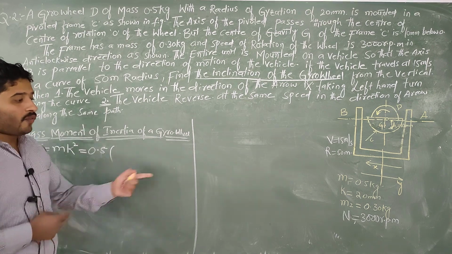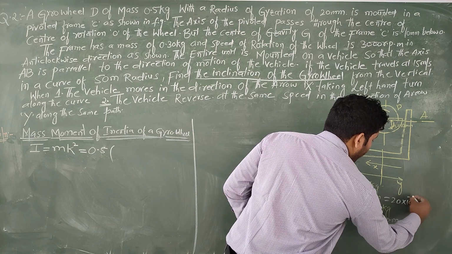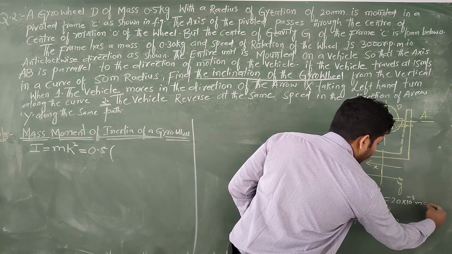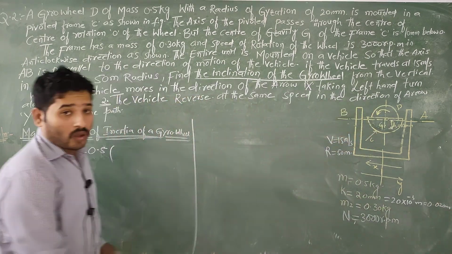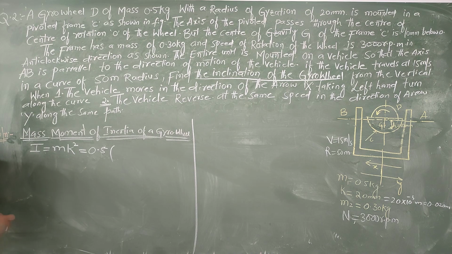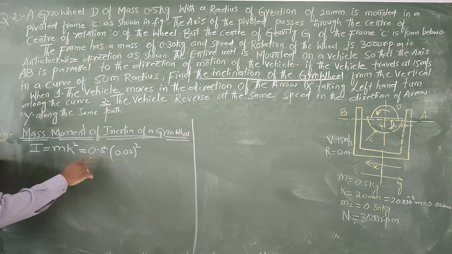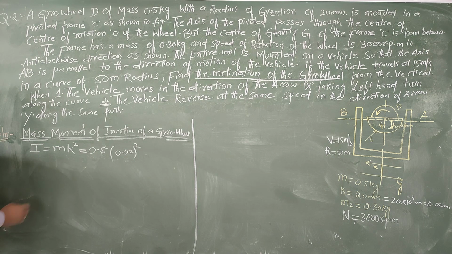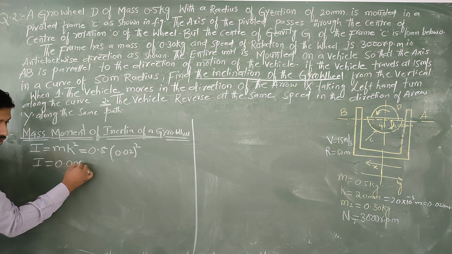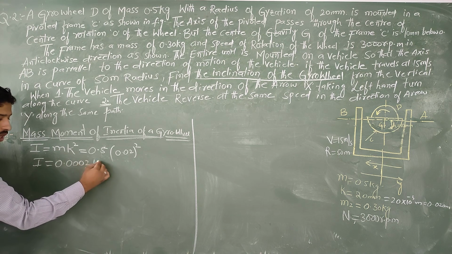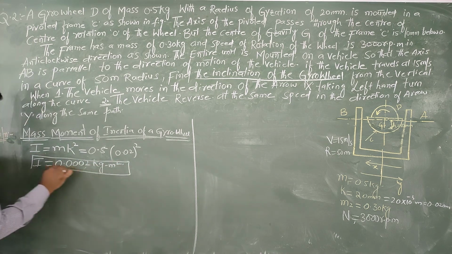If you convert into meters, it is 20 into 10 power minus 3 meter, which is 0.020 meter. Then we substitute: I equal to 0.5 into 0.02 whole squared. Multiplying with the help of a calculator, you will get 0.0002 kg meter square. That is the value of I.